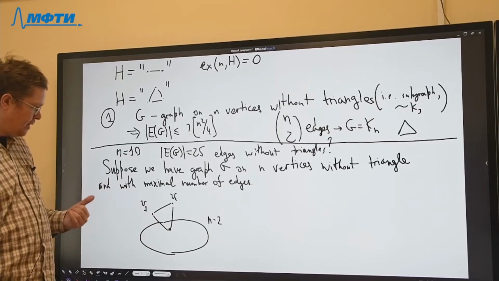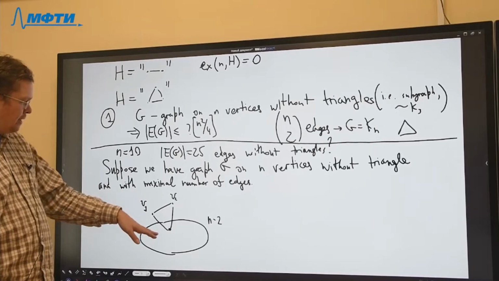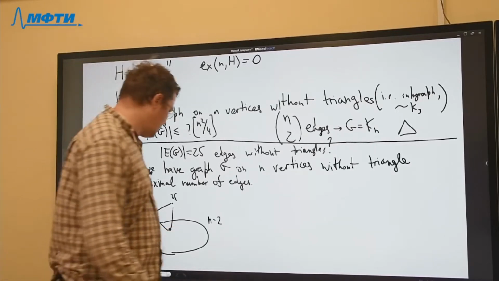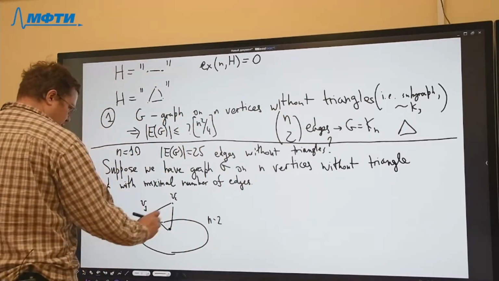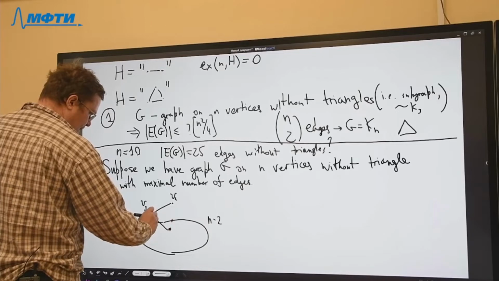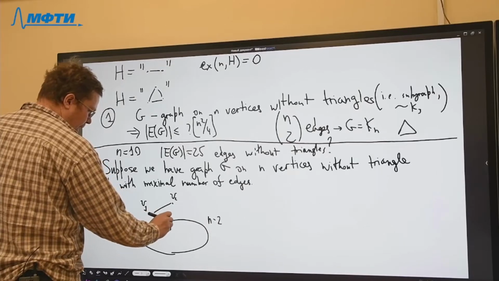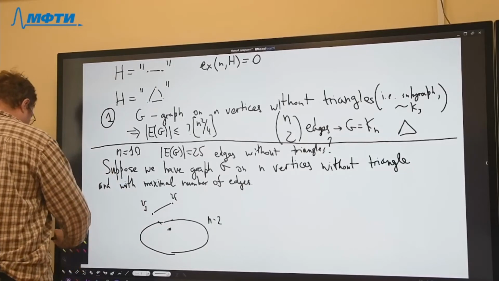It means that each of them is connected to different vertices in the remaining graph. So if we don't have triangles, then we have a maximum of n minus 2 edges between V1, V2 and the remaining part of the graph.